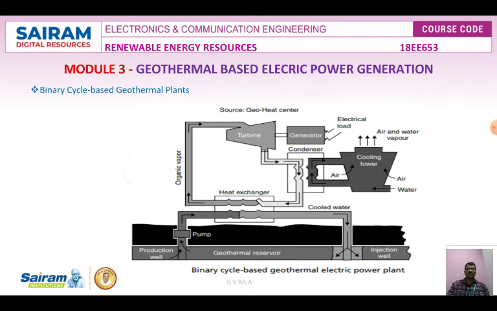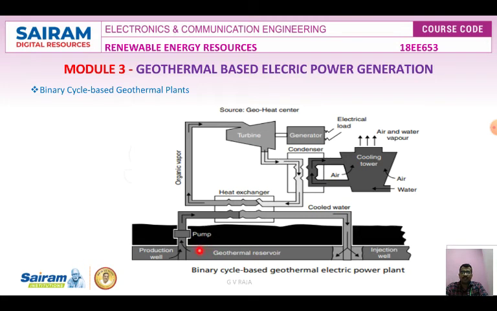The generator produces electricity, and the steam is passed on to the condenser, where it is converted into liquid. This is nothing but a binary cycle based thermal plant.